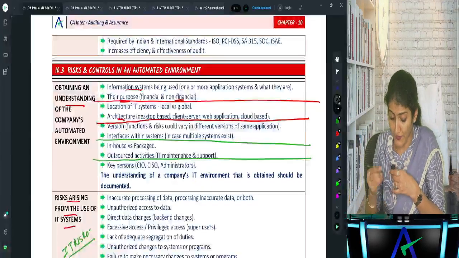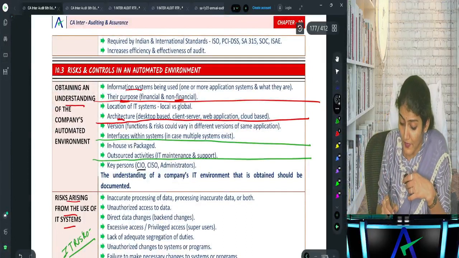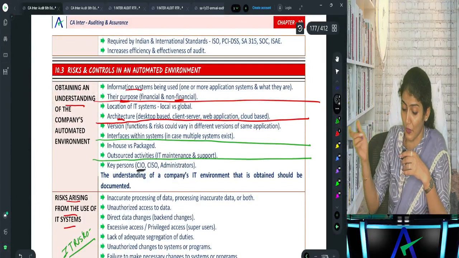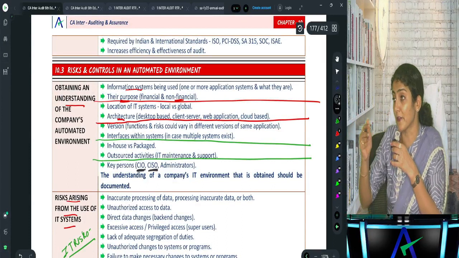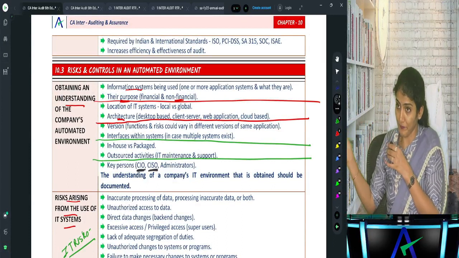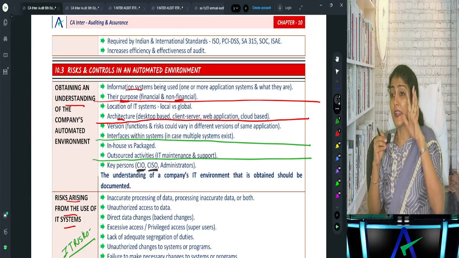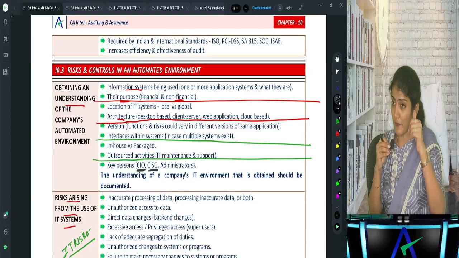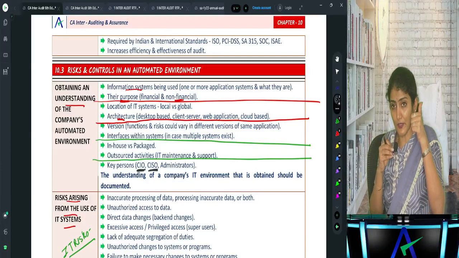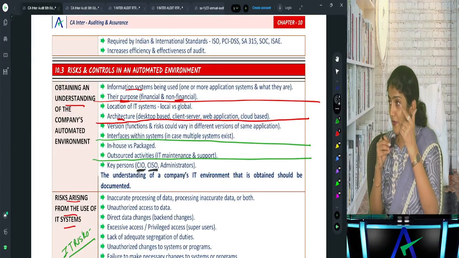Right, so what is one CXO you will see over here? The CIO, that is Chief Information Officer. Then CISO, that is Chief Information Security Officer. Right, so understanding the company's automated environment. First tell me, what information system are you using and for what purpose?